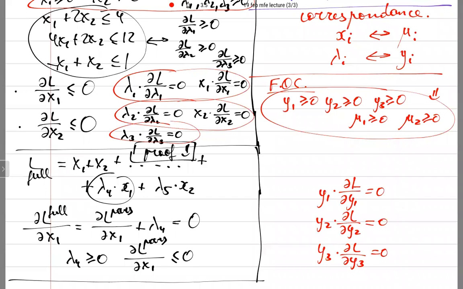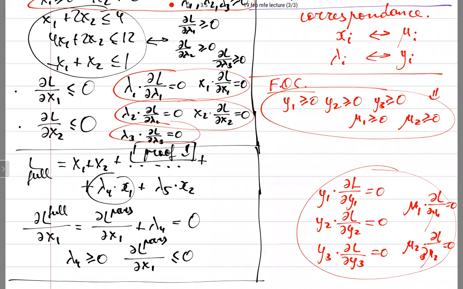The complementary slackness conditions for mu1 times dL/dmu1 is 0, mu2 times dL/dmu2 is 0. So these conditions are exactly matched. Just the naming of the variables is different. Okay, we go on.